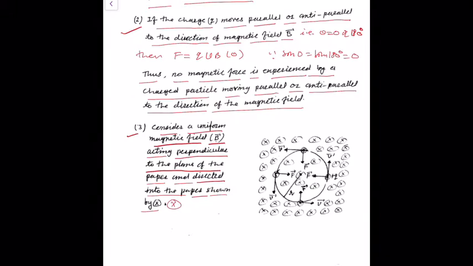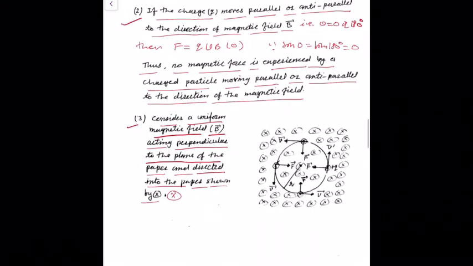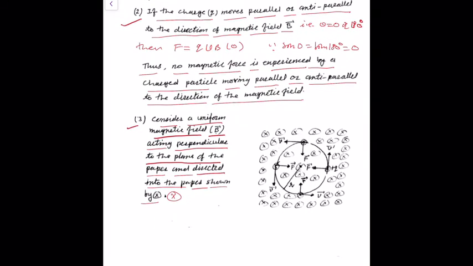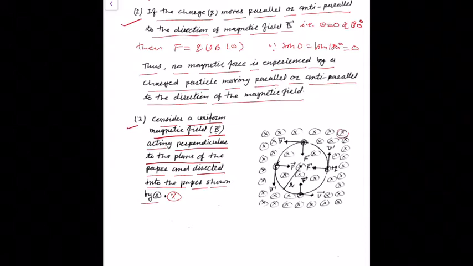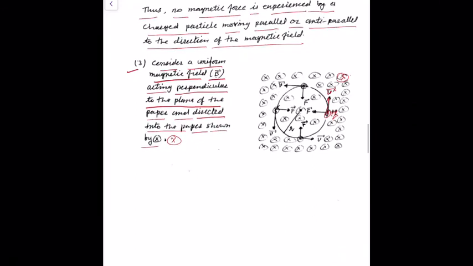Okay, in the diagram, let a charged particle having plus q enter the region of the magnetic field with velocity v vector and perpendicular to the direction of magnetic field B. Here magnetic field, and plus q charge with velocity v vector, okay.